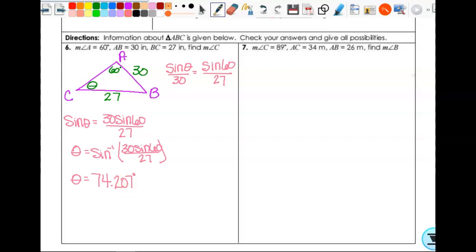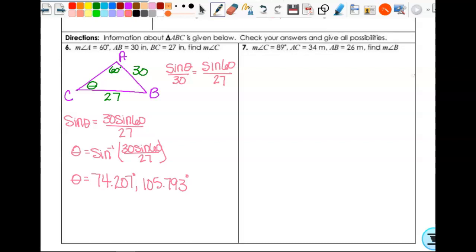Okay, but remember, we're using the law of sines to find an angle, so there's two possibilities. So I find the other possibility by subtracting that from 180. On these calculators, all you have to do is 180 minus and hit the answer key, which is right next to the equal sign, and it'll take care of business for you. And you should get 105.793. If you're not getting these numbers, let me know. We'll figure out what's going on.